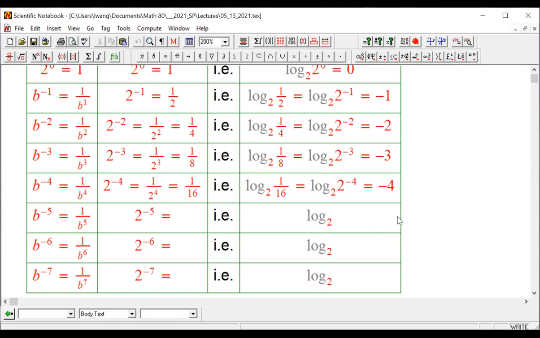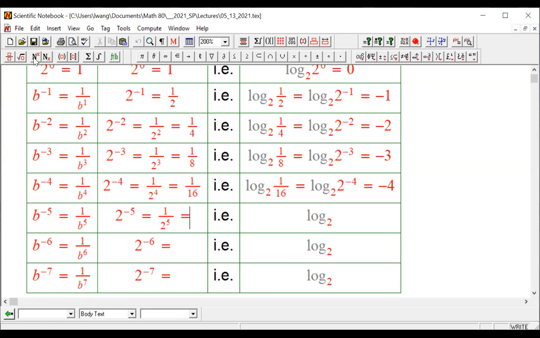Okay, so far so good? Are you guys there? Brianna? Alan? Francisco? Marcelo? Are you getting it? Okay, so 2 to the power -5 is 1 over 2 to the power 5.